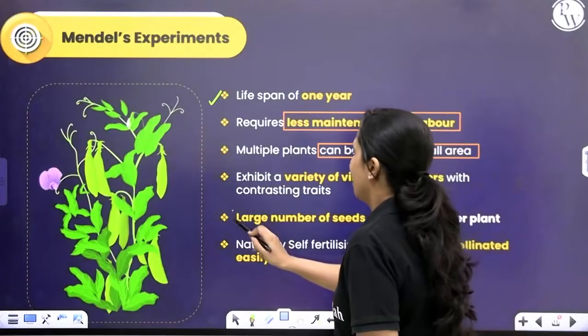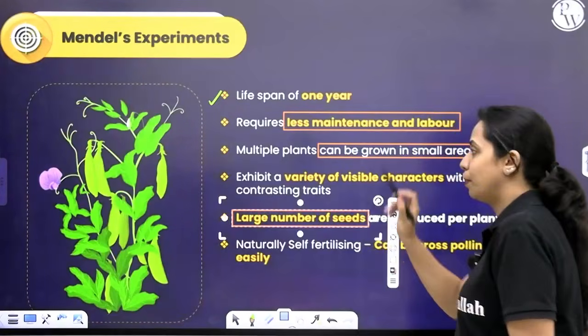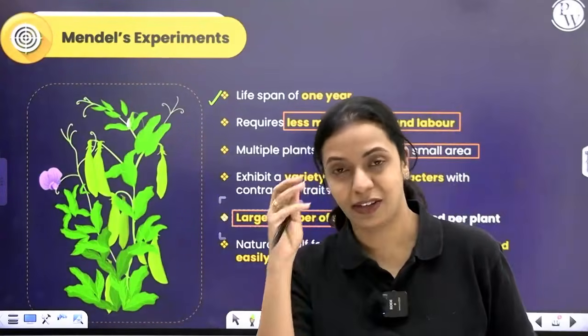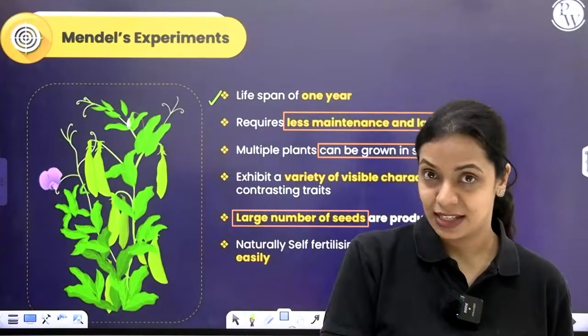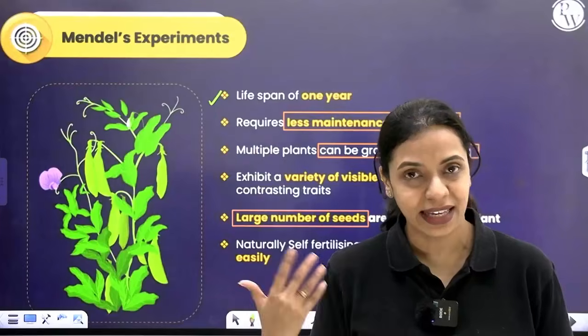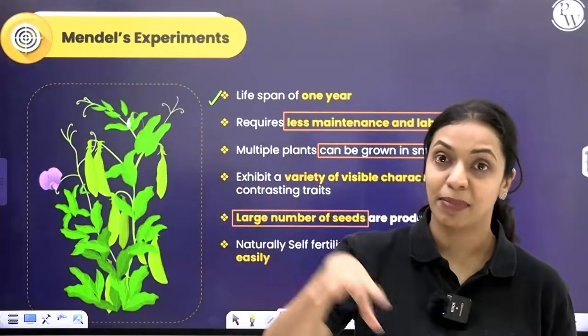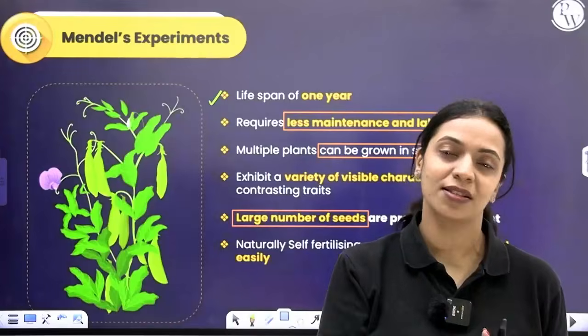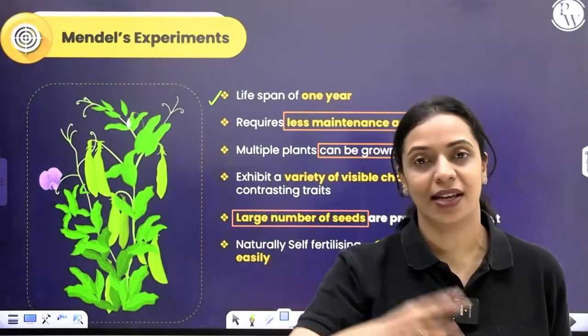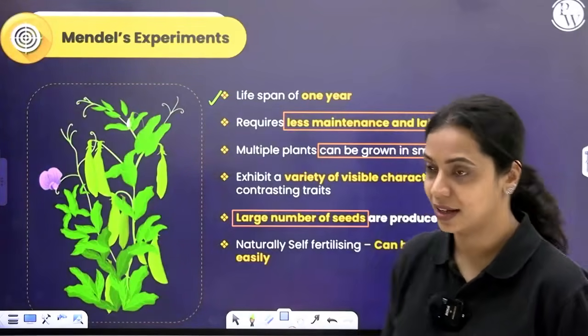Next, in each plant, many seeds are produced. Many flowers will be there, many pods will form, many seeds will form. If there are many seeds, again, like I mentioned, the credibility is more, right? You're getting many children from one plant. Many seeds are like babies for plants. So you're getting many of them. You can analyze the characters better. That is another advantage.